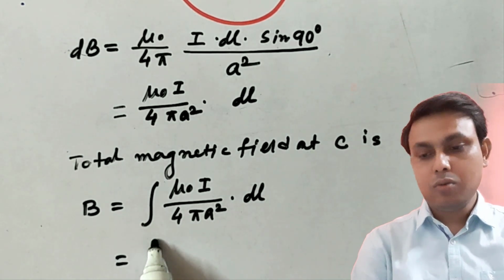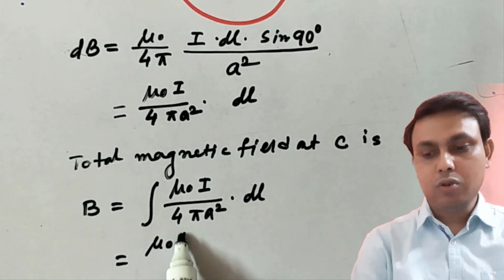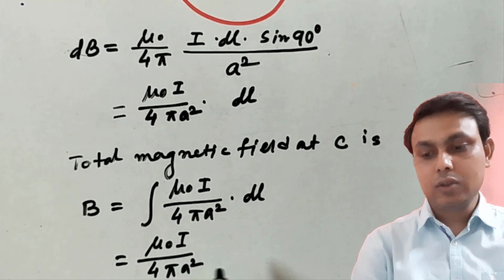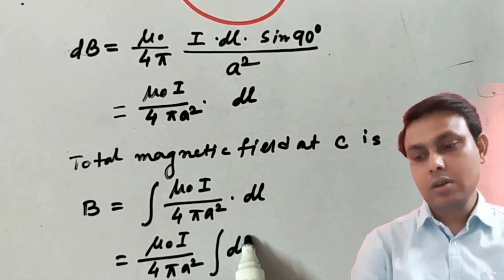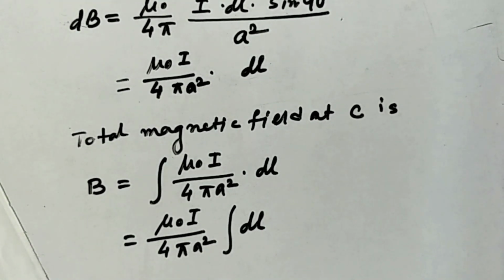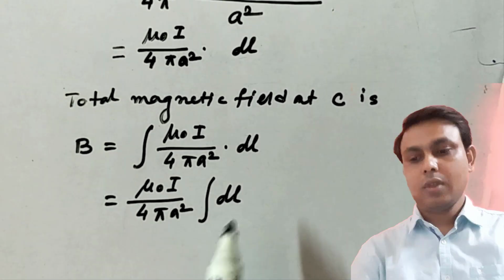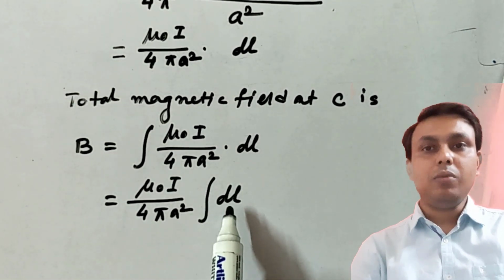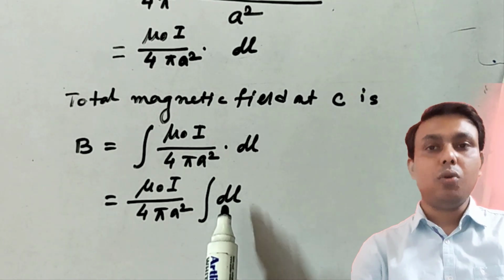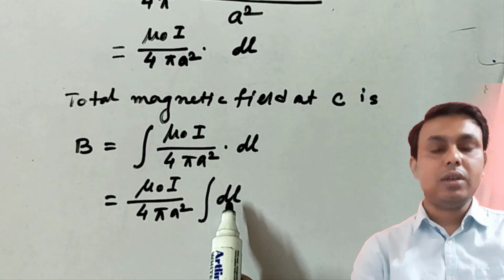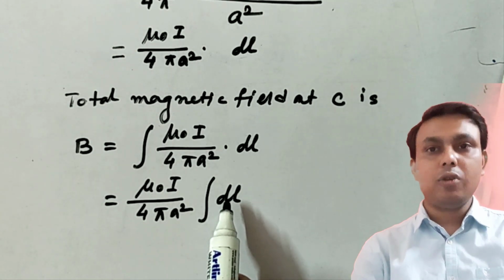That is equal to mu 0 I upon 4 pi a square integration over dl. Now, what is the integration over dl? You see, the integration over dl is nothing but the integration over the whole circular conductor. So this will represent the total perimeter of the circle.